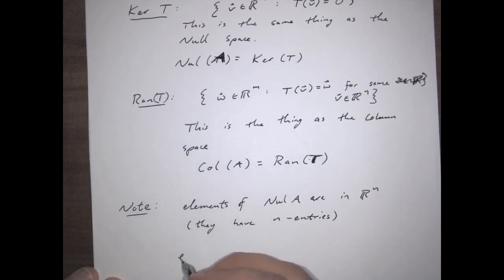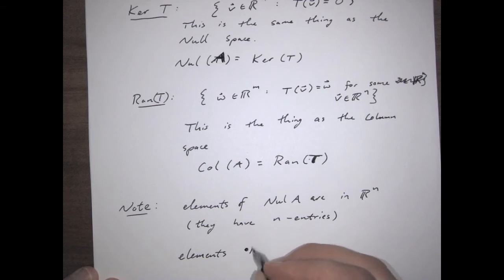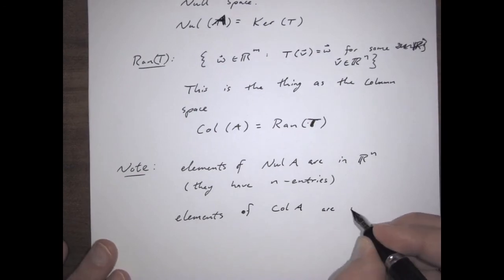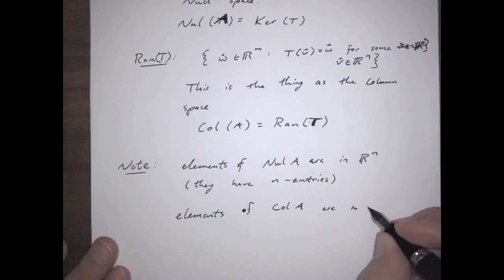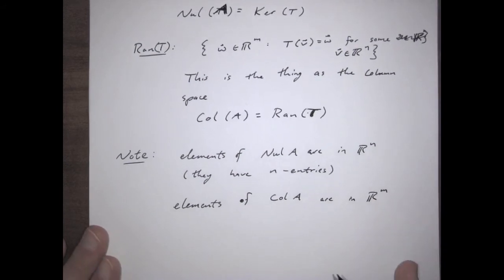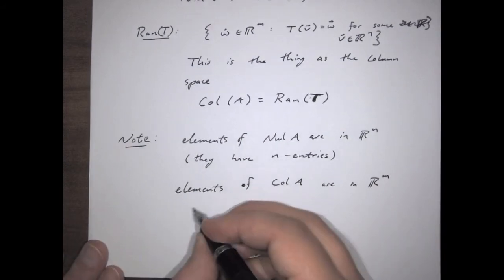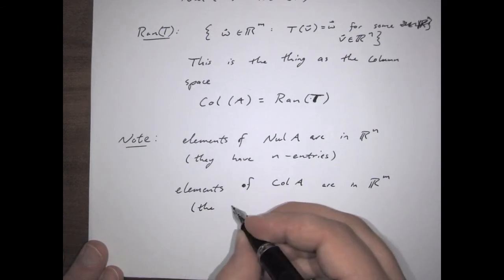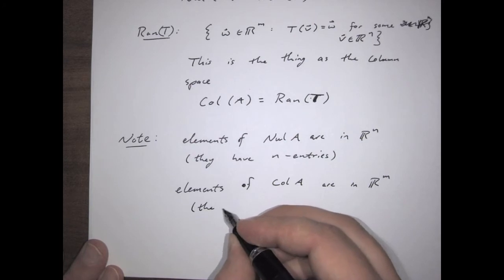And elements of the column space, on the other hand, are in Rm, they have m entries. So they're not the same number of entries.